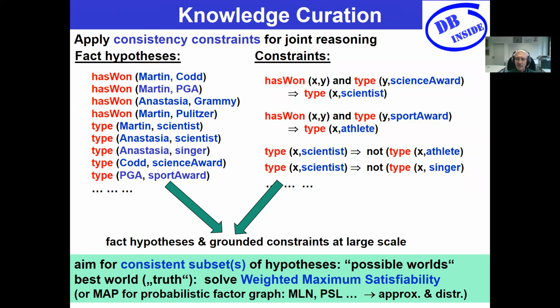And we even came up with distributed scale-out approximations. So in this example, the constrained reasoning would eliminate that Martin won the golf championship. Sorry, Martin. And Natasha should focus on her science career and forget about music.